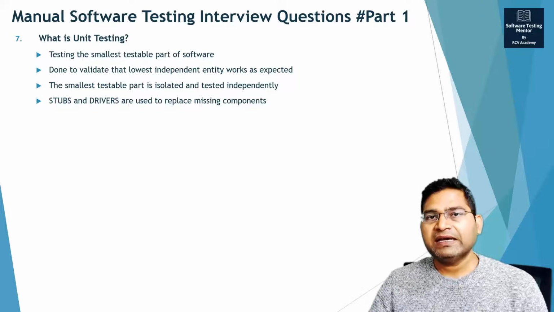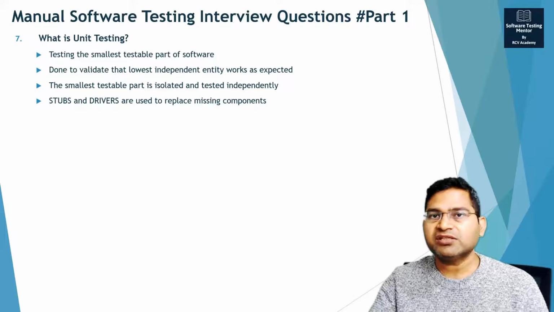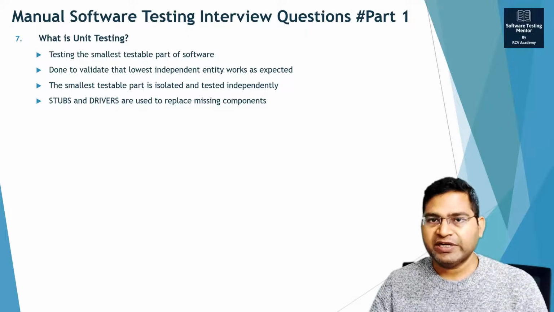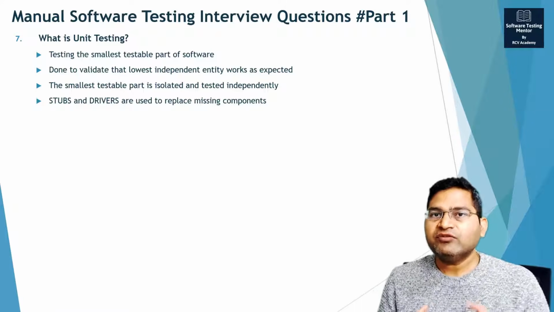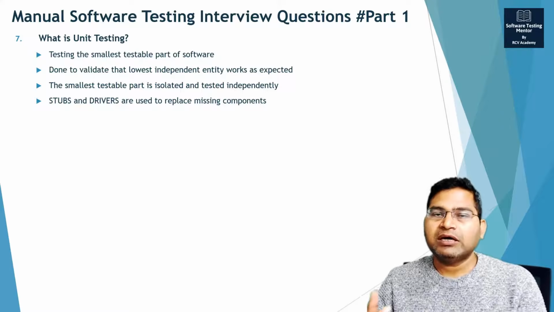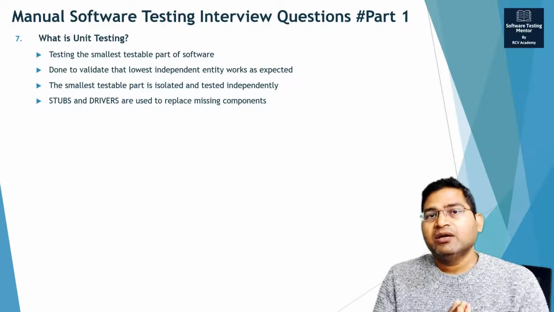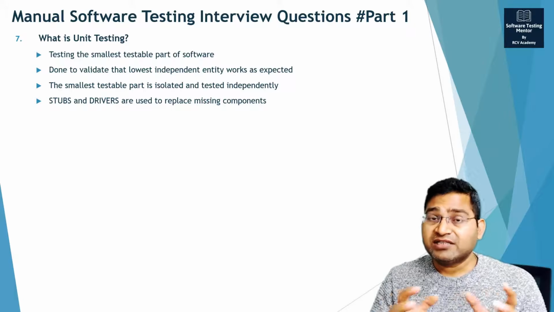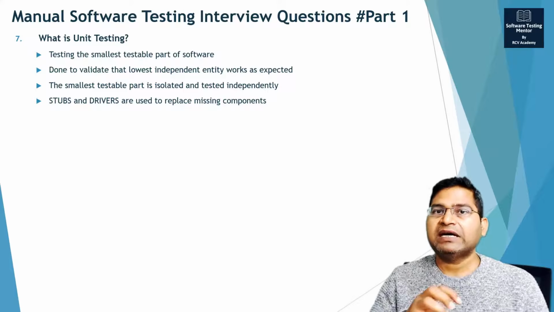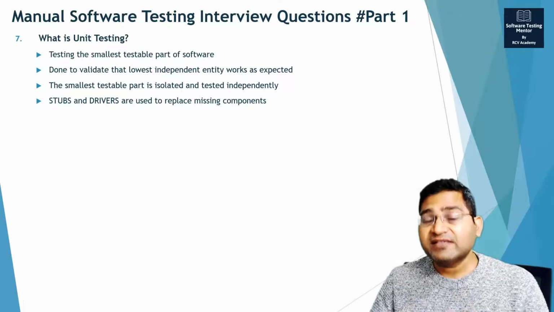If I test the smallest testable flow of the registration, such as registration using email, that is black box for me, but I can test it independently, and it could be component level testing. I won't say it is unit testing from the tester's context. Unit and component are used interchangeably, but sometimes component is used to identify, from the tester's perspective, the unit that a tester can test.